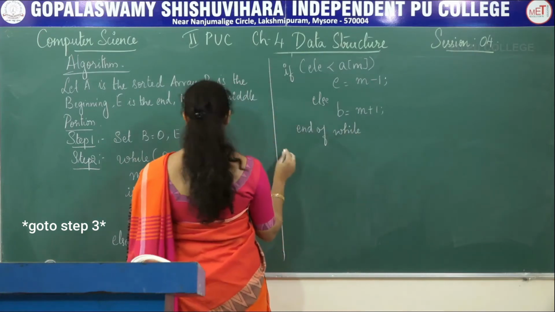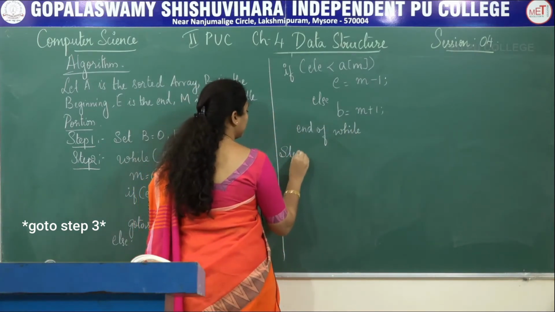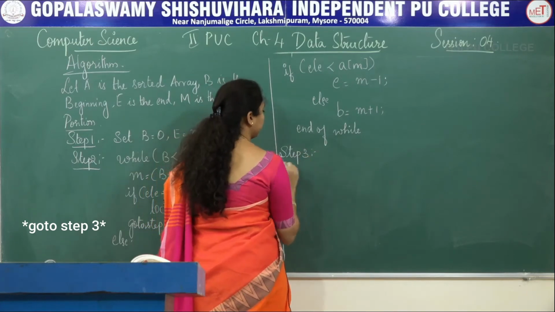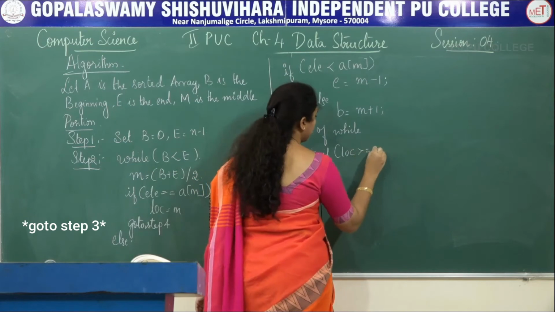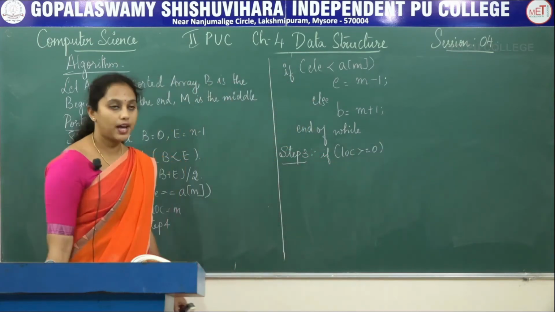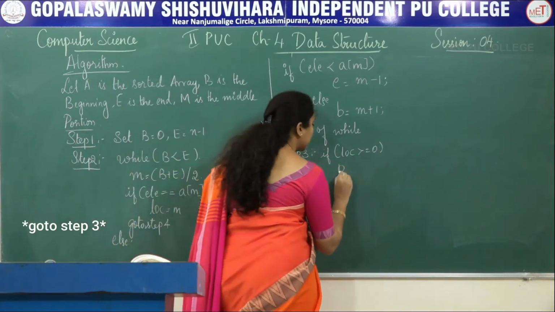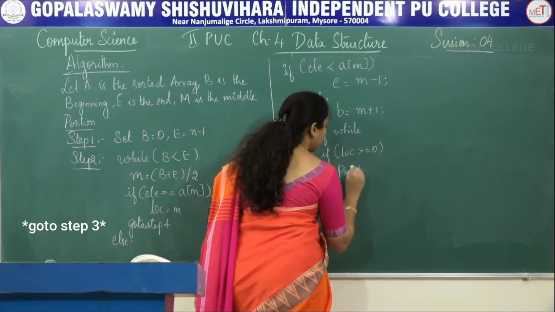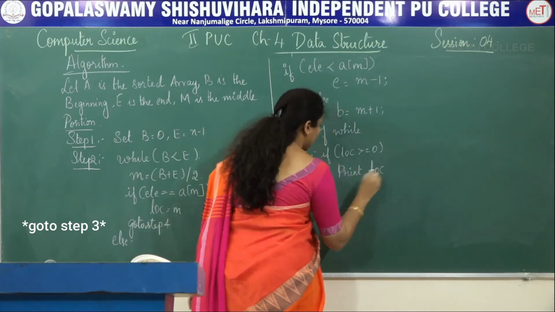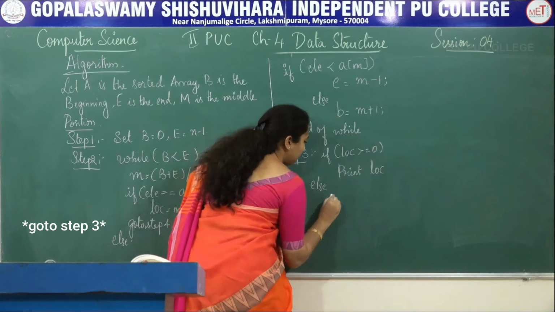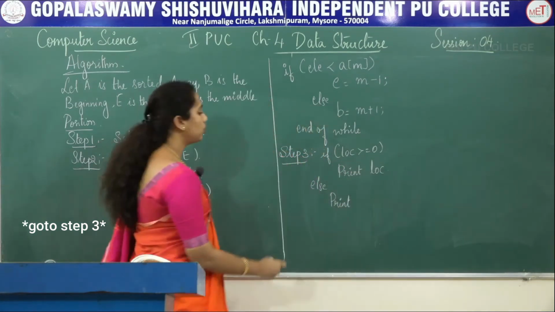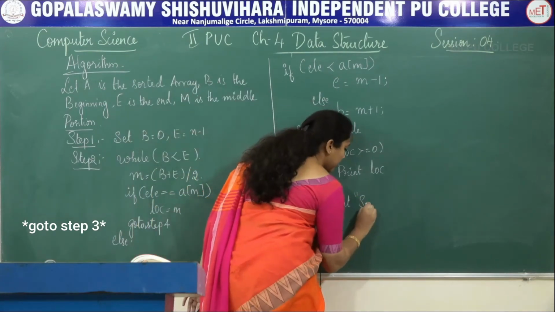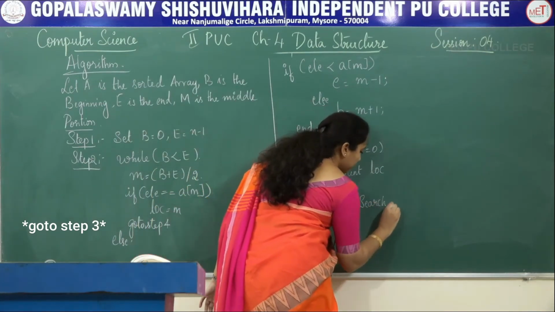In step 3, if location is greater than or equal to 0, we have to print the location, else we have to print search is unsuccessful.